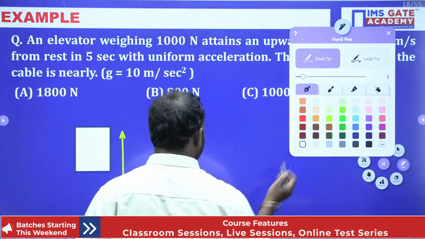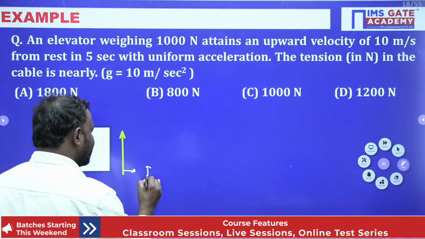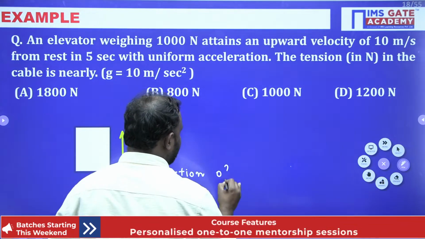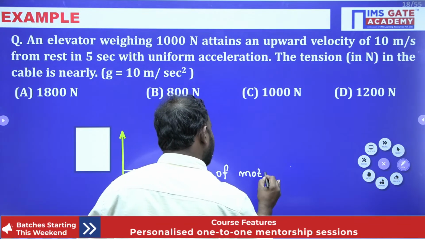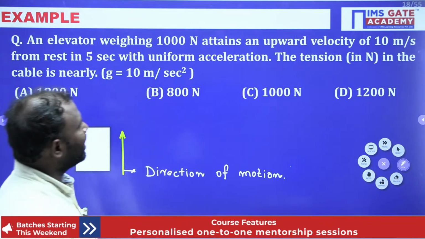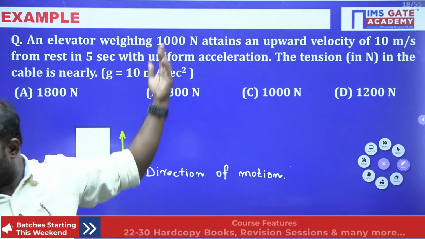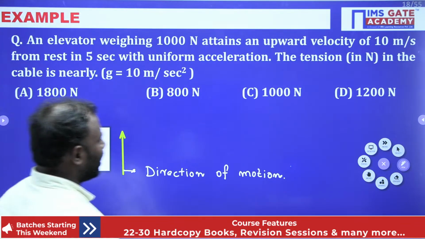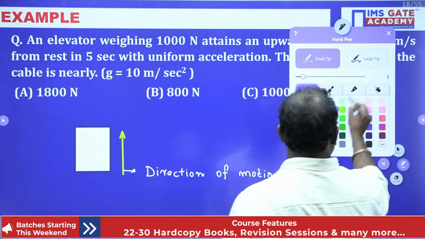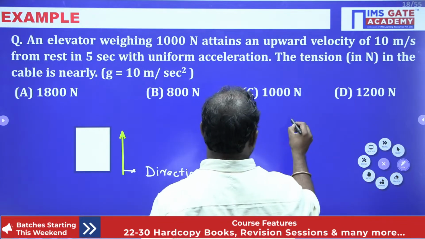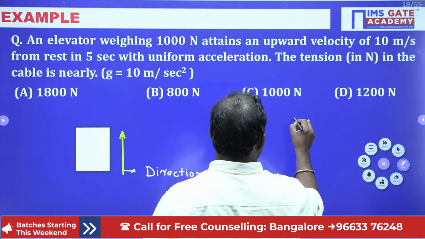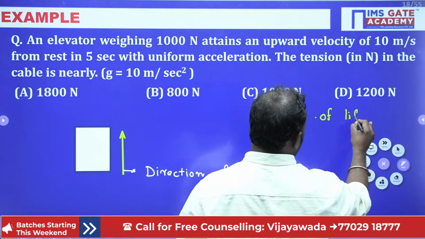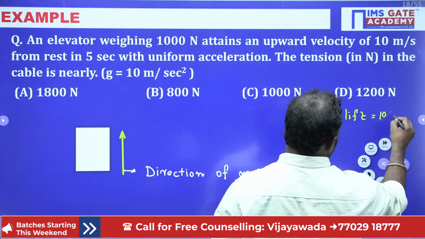Now here it is the direction of motion, and upward velocity is given. That means final velocity is given, guys, right? Now what are the things given? Weight of lift or elevator is equal to 1000 newtons.